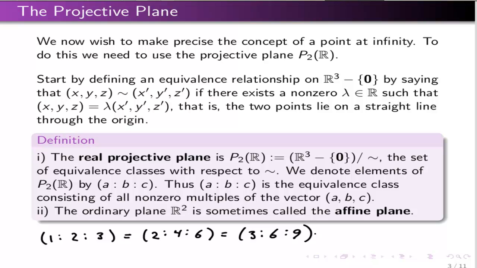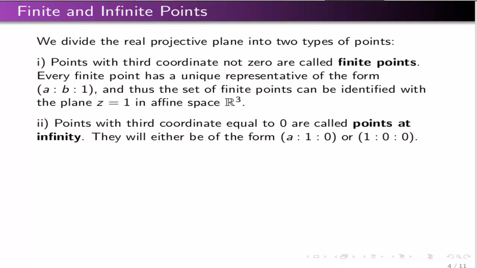Now to distinguish the ordinary plane of points from the projective plane, we sometimes refer to the ordinary plane of ordered pairs as the affine plane. So you have a projective plane and an affine plane. So there's two types of points. We have finite points and infinite points.